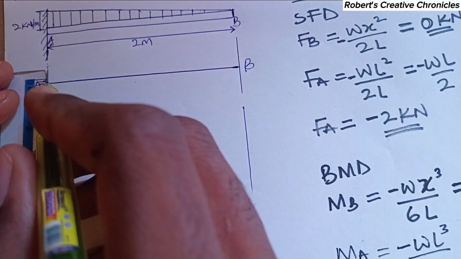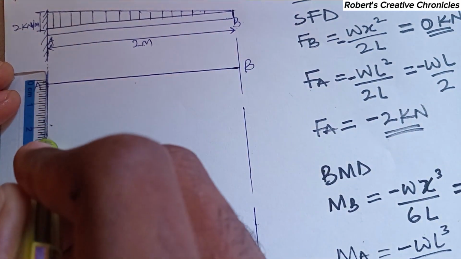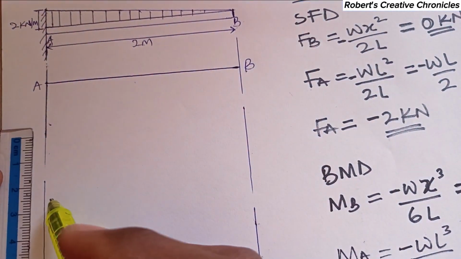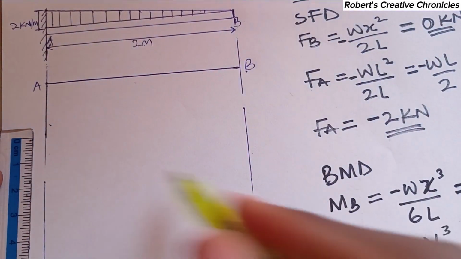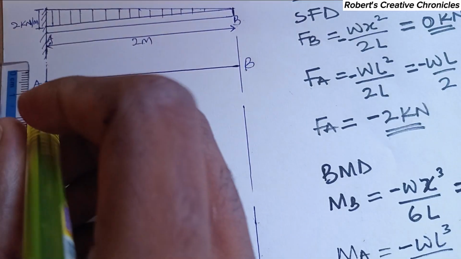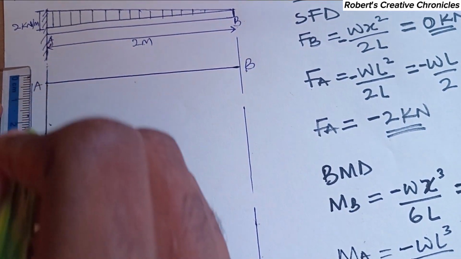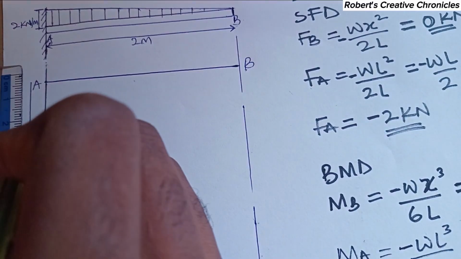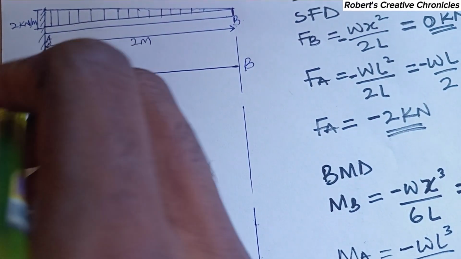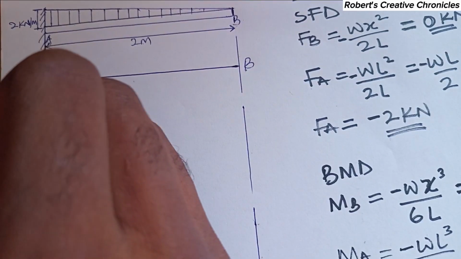So here we'll draw a line. So this will represent our 2. This will represent 2 kilonewton.